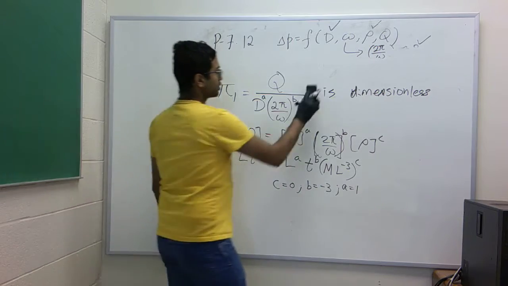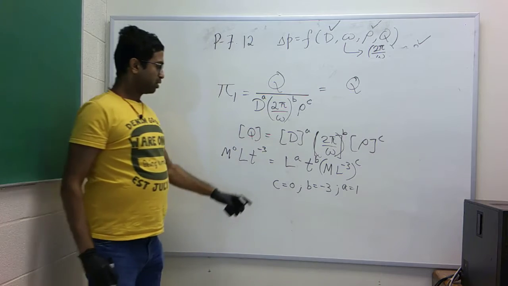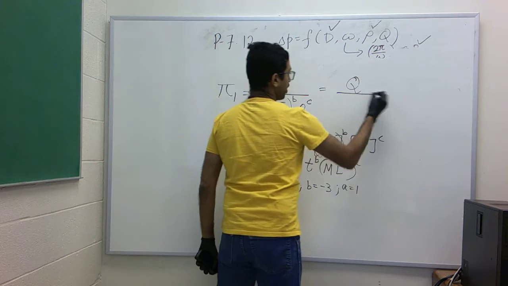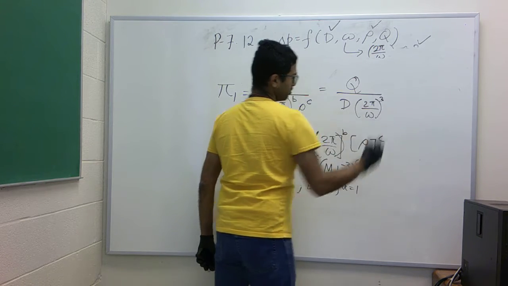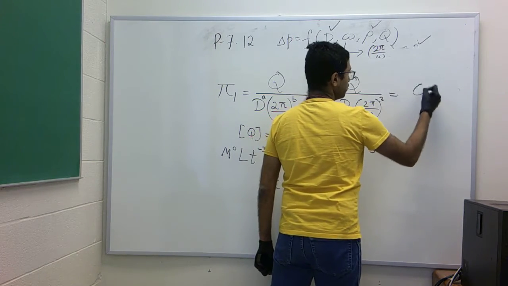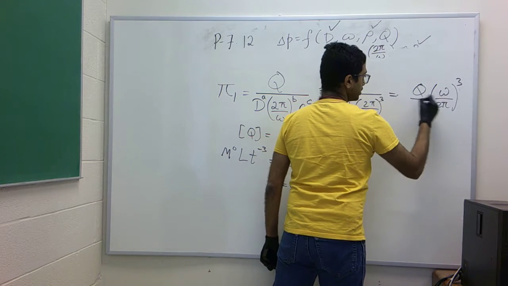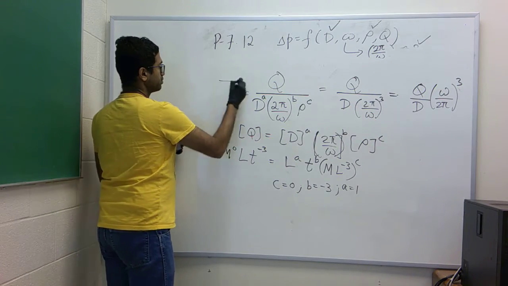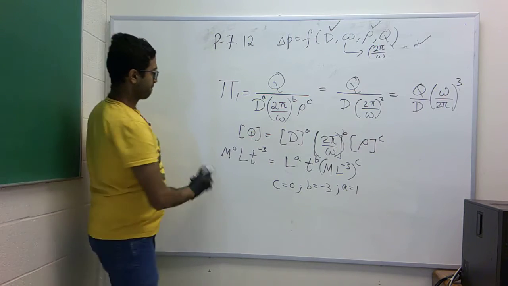Okay, so with these choices, what I get is Q, A is 3, B is minus 1. So I can write this as Q times omega over 2 pi, divided by D cubed. That's my pi 1.